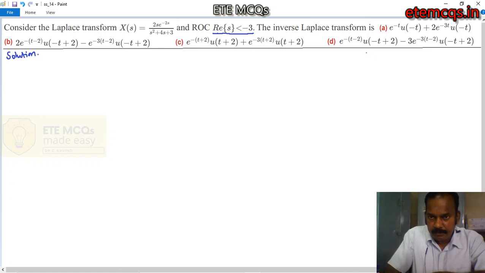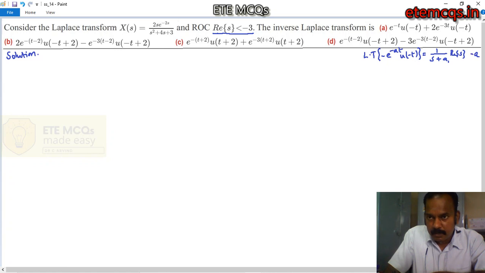So we have the Laplace transformation of minus e^(-at) u(-t) equal to 1 by s plus a, and the respective region of convergence is real part of s less than minus a.